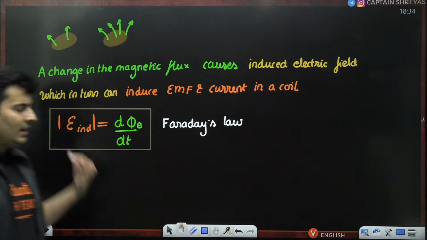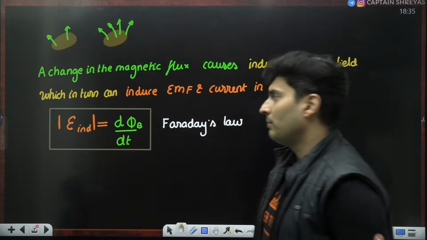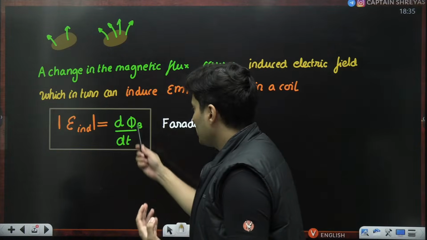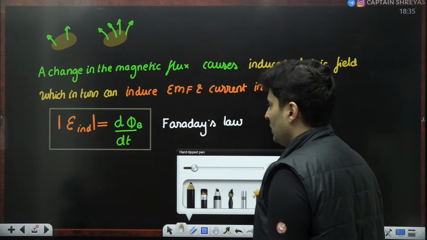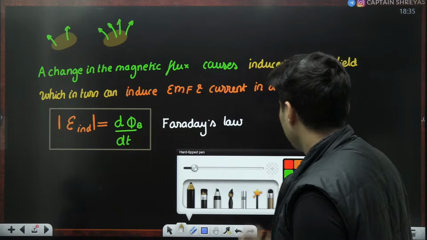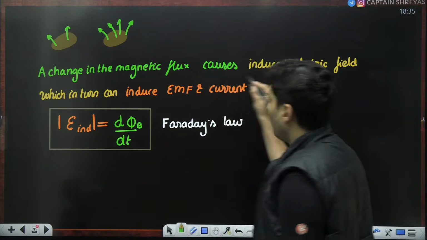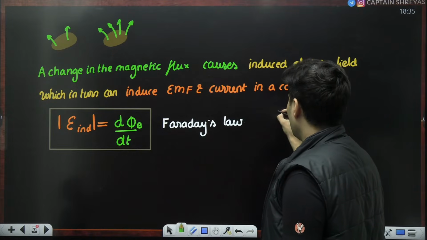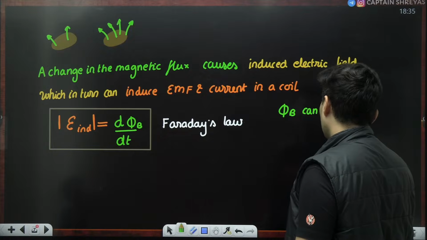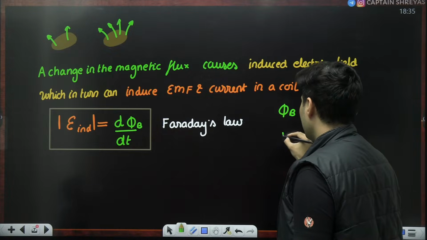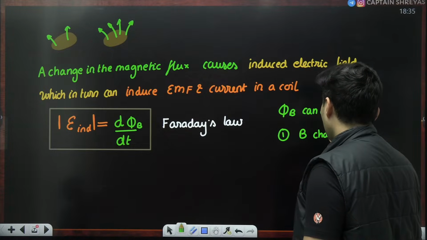So Faraday's law tells me how much EMF is generated inside a particular coil due to changing magnetic field, and you will see that the magnetic flux can change due to one of three reasons. Number one, the magnetic field changes.